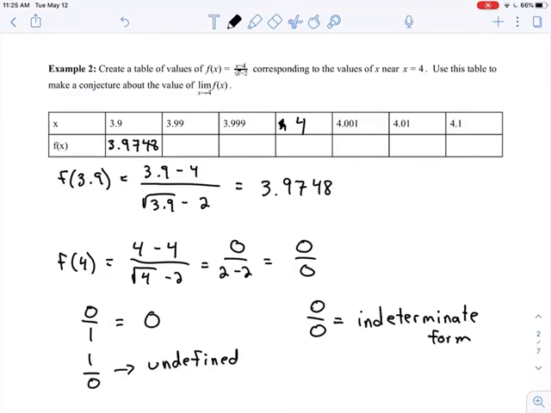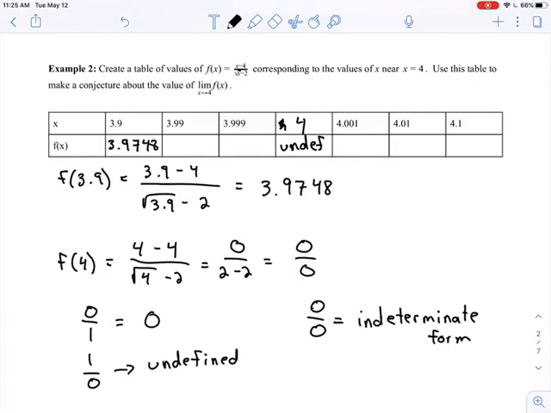For our problem in this case, the function itself is actually undefined at that point. So if you wanted to graph that function, you would have a hole at that point. Or at the very least, your function would not exist at this particular x value. But what I want to do here is take points on either side of 4 and plug those in, to see what happens when I get closer and closer to 4.